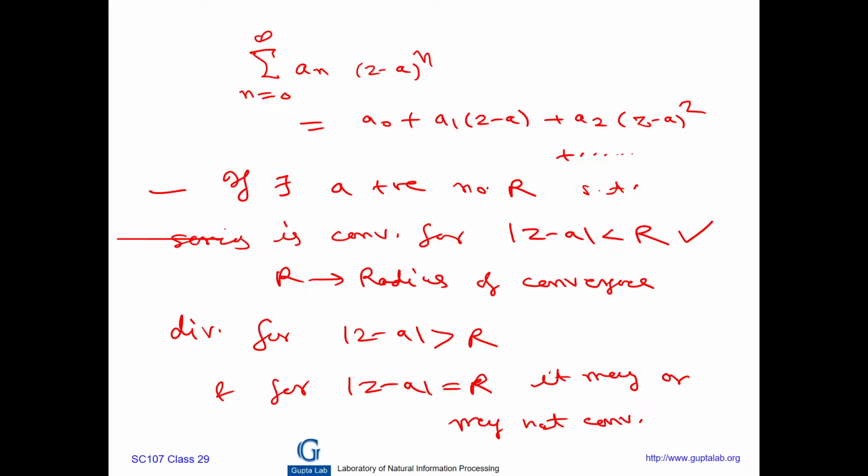And the formula, as you know from the real series, limit n tends to infinity mod of the ratio, you remember that. A similar formula works here also. That's not an issue. Find the radius of convergence. Let us look at some examples.